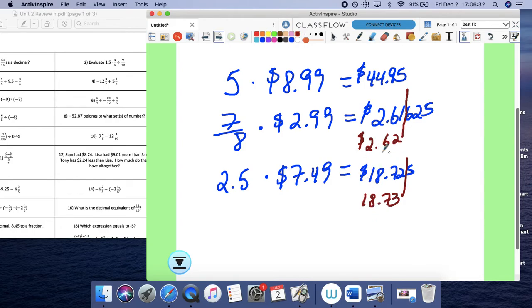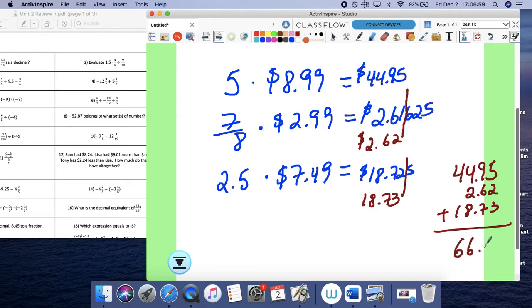So your total here, let's figure out what the total is: 44.95 for the bacon, 2.62, and then 18.73. If I add them up, 44.95 plus 2.62 plus 18.73 gives me $66.30.